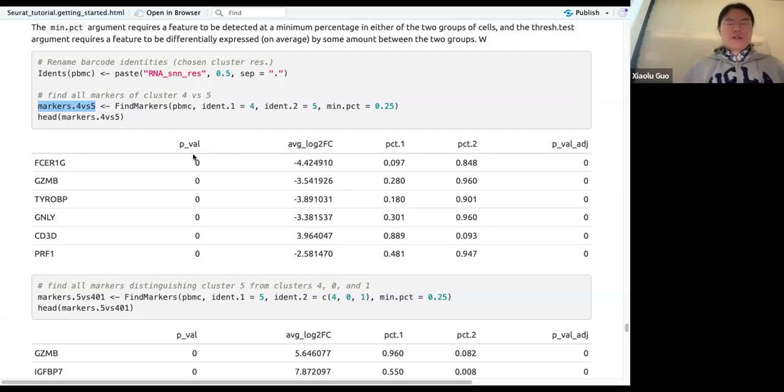The p-value comes from the statistical test where you have a null hypothesis. Usually we assume that these are exactly the same, they are not differentially expressed, and then ask what's the probability we observe the current data. That probability is considered the p-value. So it's basically under some null hypothesis.